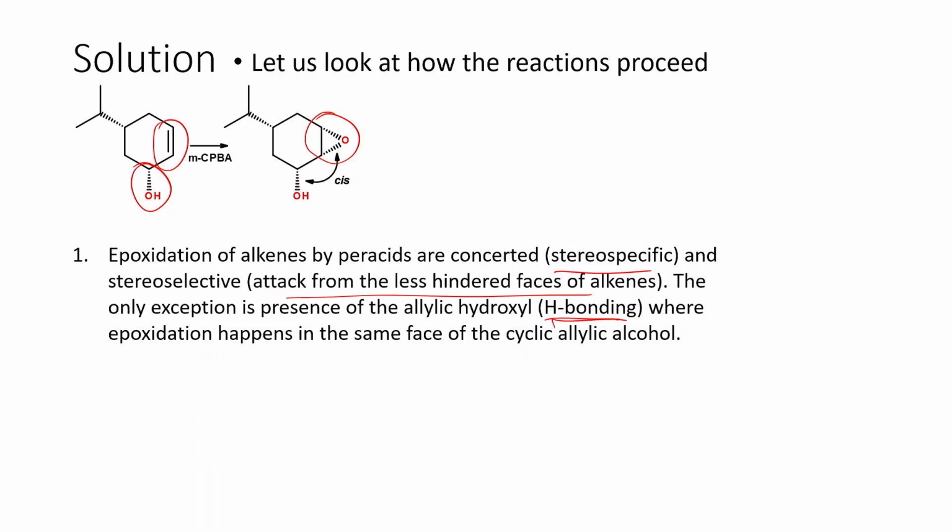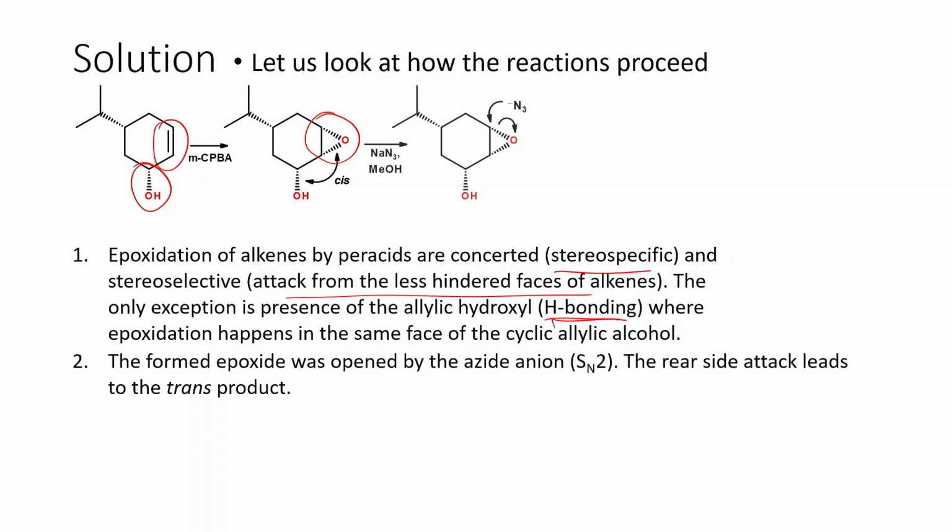So now we have fixed the stereochemistry of the epoxide. Once we fix the stereochemistry of the epoxide, what is the next step? The next step is the epoxide opening by the azide anion. As you know, it is an SN2 reaction, so this will come and attack the epoxide from the opposite side of the leaving group. What is the leaving group?